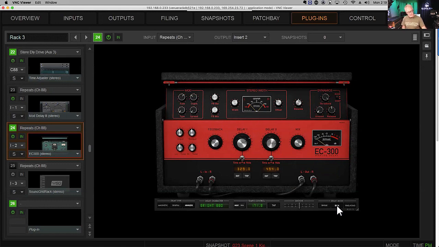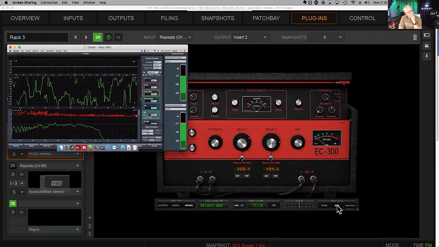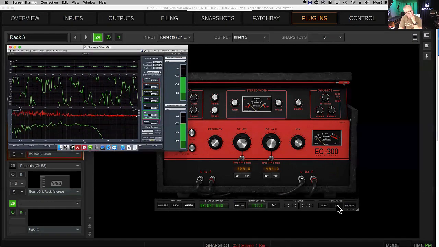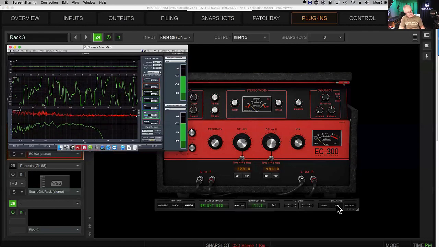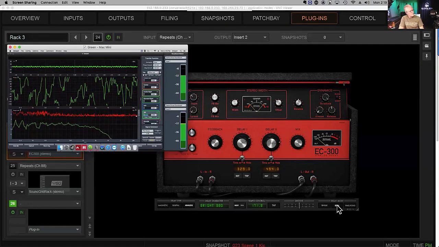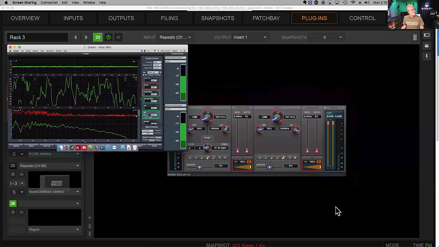All right. Let's take a look at that in FFT. So that's the frequency response of that return in the EC300. You can tell they got all the top end rolled off of that, which is just what it sounds like. Let's see what the... So that's this guy.